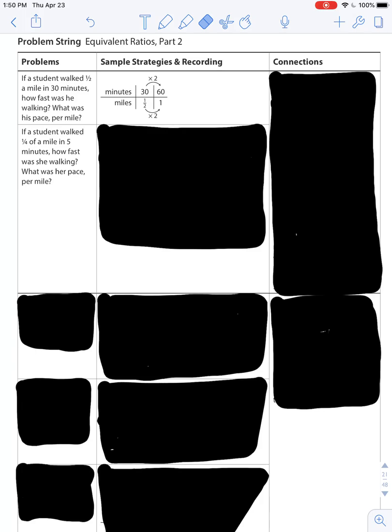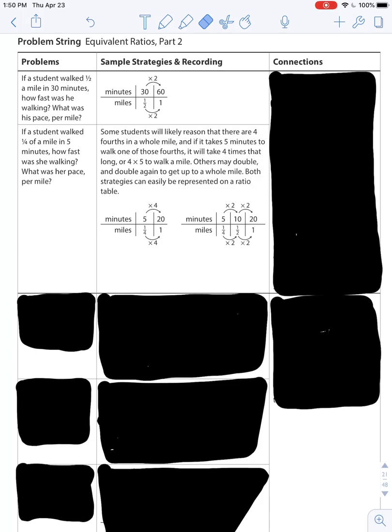So to set this one up, there's a couple of different ways. One way is to put the 5 and the 1/4, and maybe you already know that you should multiply 1/4 by 4 to get 1 whole, because that's a common benchmark fraction that we know and can work with really easily.